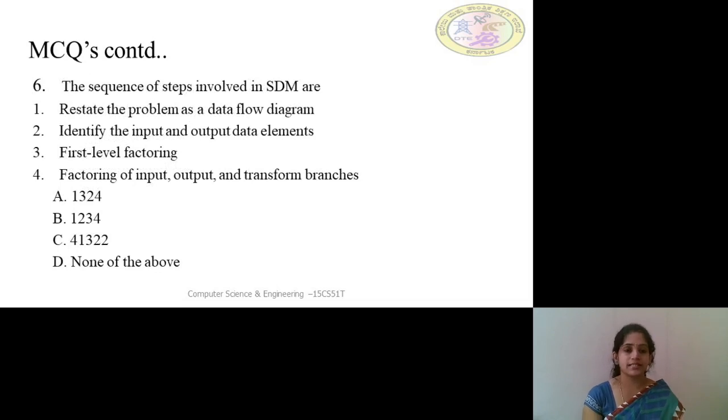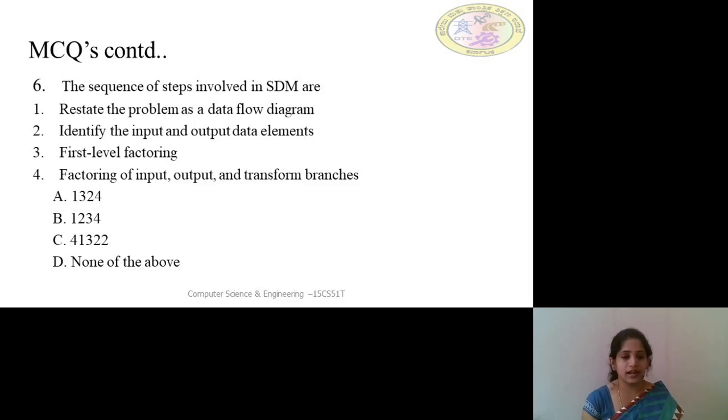Question number 6. The sequence of steps involved in SDM are: first step, restate the problem as a data flow diagram. Second step, identify the input and the output data elements. Third step, first level factoring. Fourth step, factoring of the input, output and the transform branches. So this is the flow of steps: option A 1 3 2 4, option B 1 2 3 4, option C 4 1 3 2 2, option D none of the above.